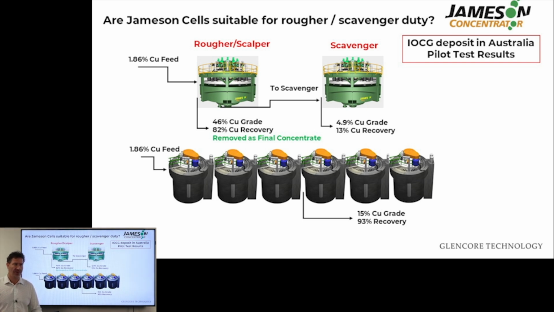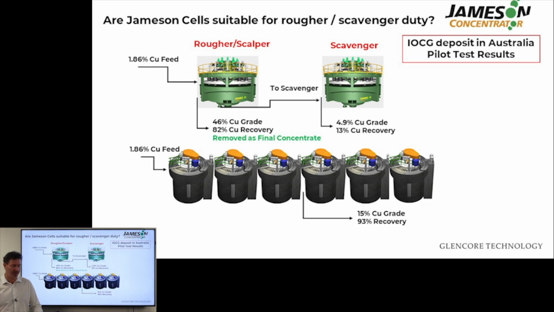Okay, so another pilot test work, on a site in Australia, with about 2% copper feed. This is an operating site, and they have 6 mechanical cells in a row in the rougher scavenger bank. What we did was take a sample from the same feed that feeds into the rougher scavenger bank of mechanical cells, and run that through 2 stages of Jameson Cell pilot rigs.